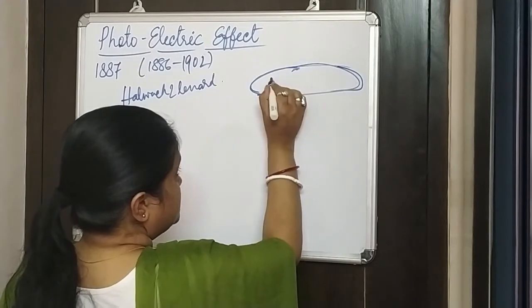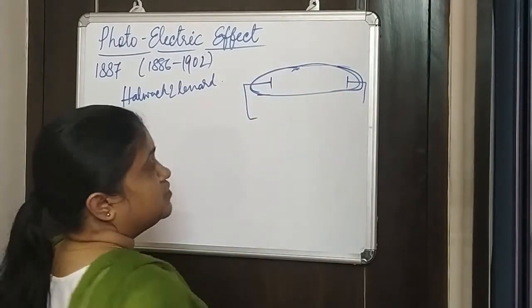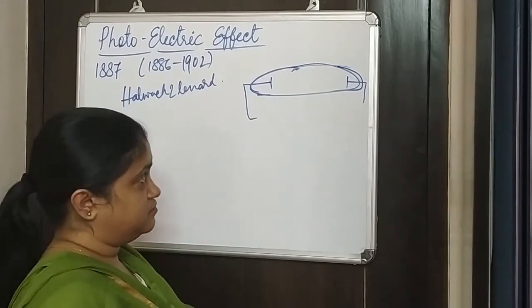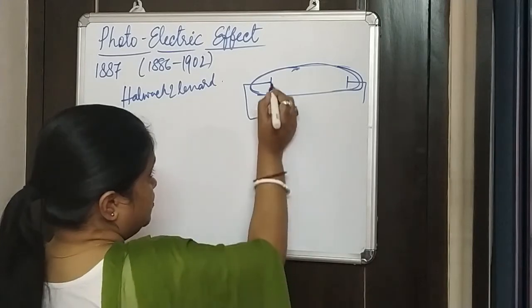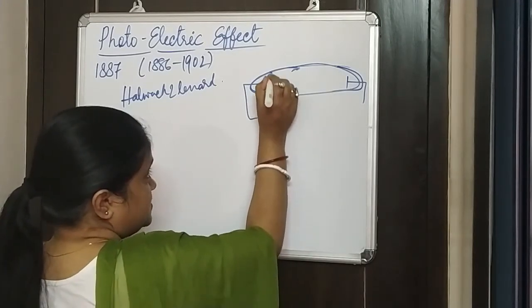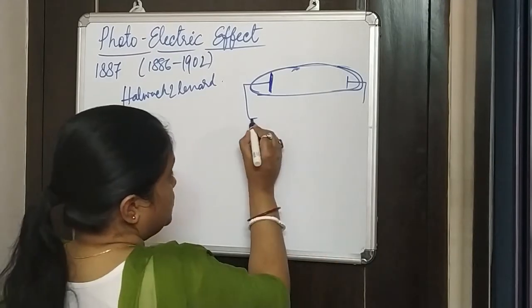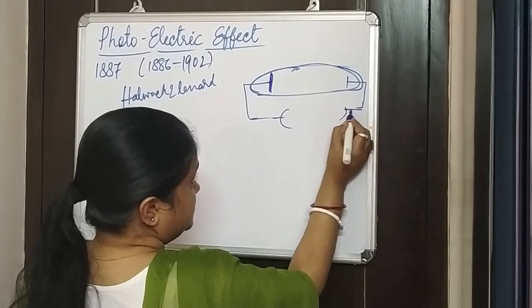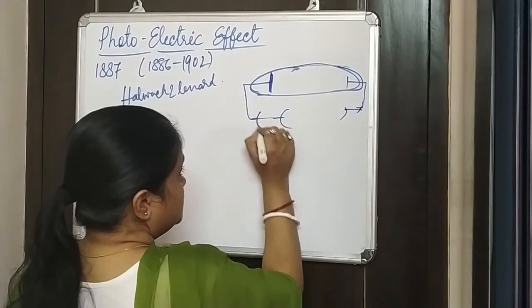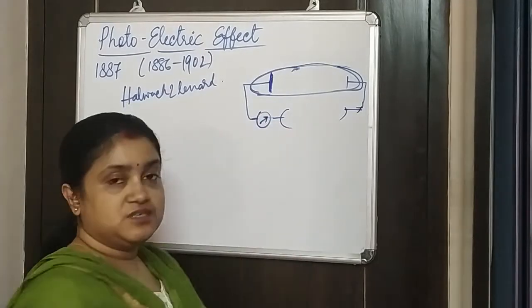Inside that tube, suppose we have an anode and a cathode, and they had taken it as zinc metal. This was connected to a battery, and somehow there was a way to read the current.